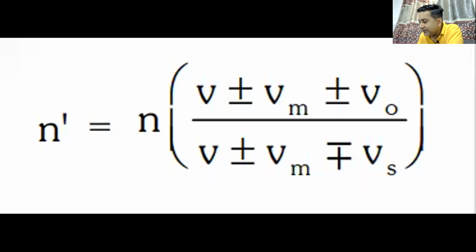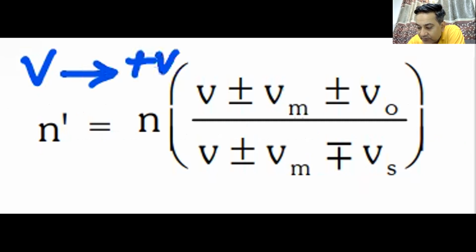We can do all the cases with this single formula if we understand what? The direction of velocity of sound, in whatever direction sound is moving, is taken as positive. Do we understand this?